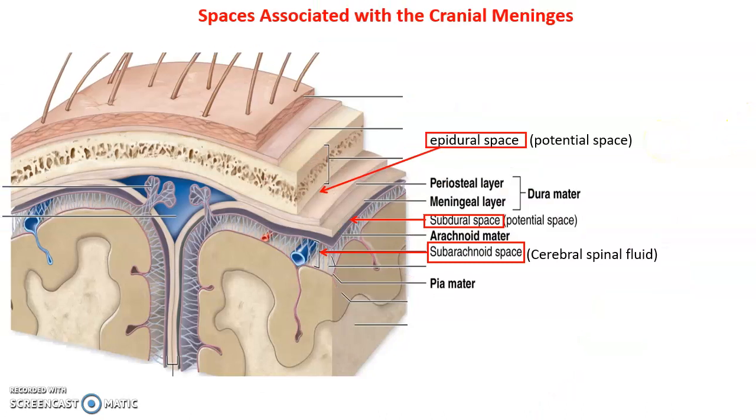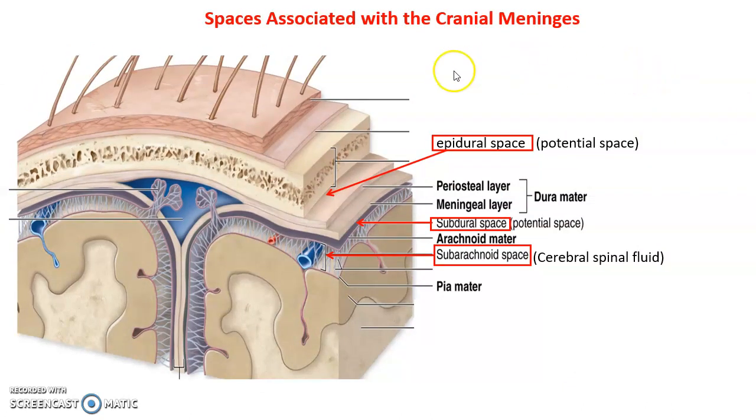Now, there are also spaces that at one point or another can be associated with the cranial meninges. So, going superficial to deep, there can be an epidural space. It is usually not present. Usually the periosteal layer of the dura mater is connected to the periosteum of the bones of the cranium.